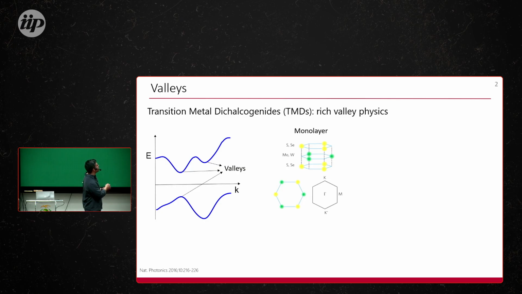That's why you have the Di here. So you have two layers of, it can be sulfur or it can be selenium, and then between them we have those transition metals. If you look at the top view, this is the symmetry we see. Each point here is actually one atom. So you have the metals here, and then you have the chalcogenides here.